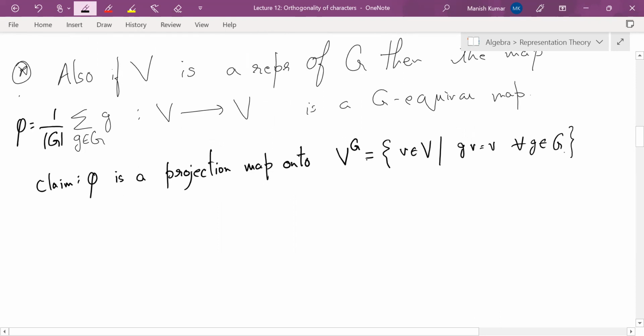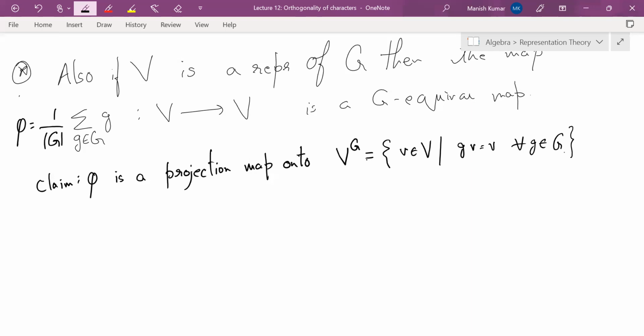Okay. So the first thing to note is that if you take an element in V^G, then of course phi acts trivially on it, because phi(v) is indeed v, because gv is equal to v for each g.